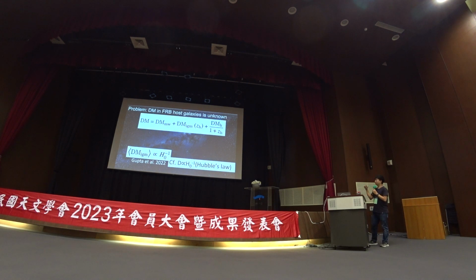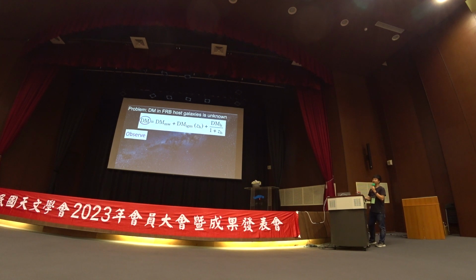And from the group in 2022, we have the equation: DM IGM is proportional to 1 over Hubble constant. It is easy to imagine because DM has the information of distance, compared to Hubble's law, where distance is proportional to 1 over Hubble constant. So when we want to know the Hubble constant, we must know 3 values: DM host, DM Milky Way, and DM.